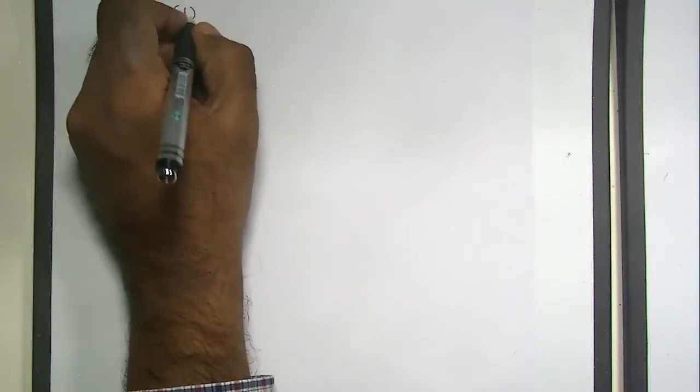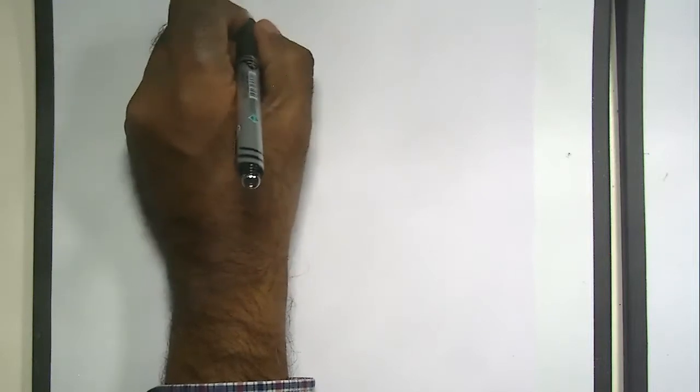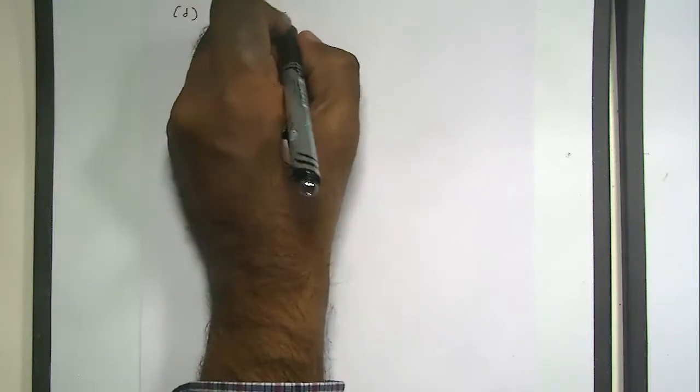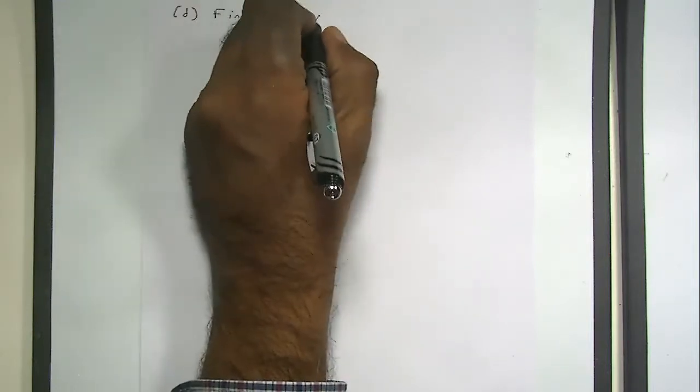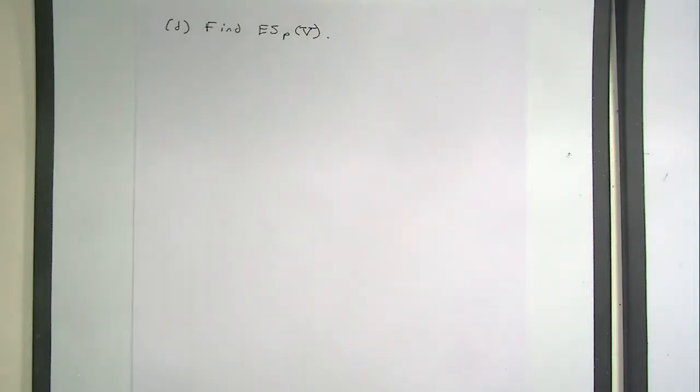So this is your value at rest, and that's part C. Part D is to find the expected shortfall of V, right?